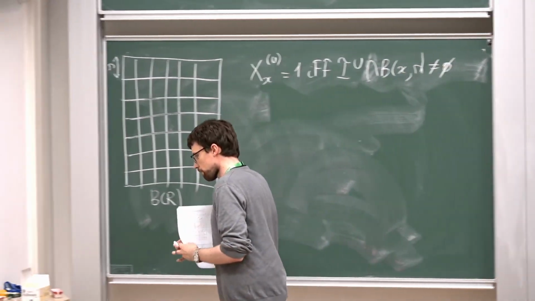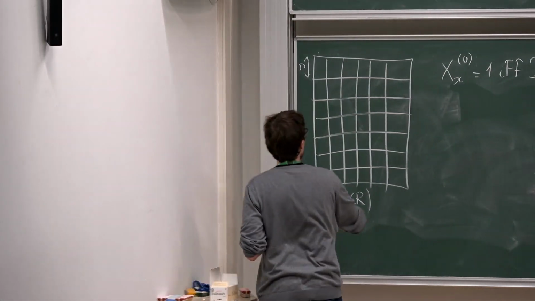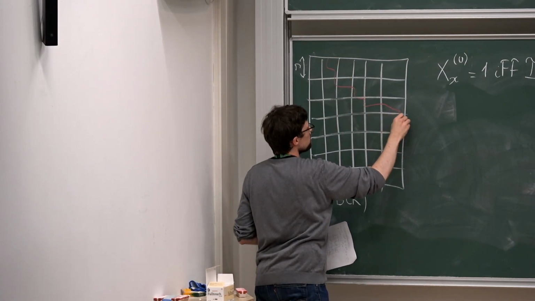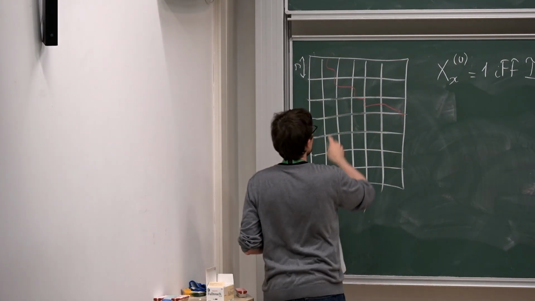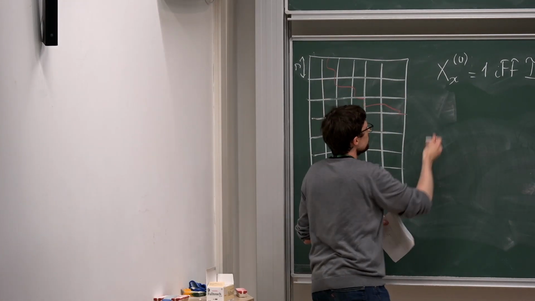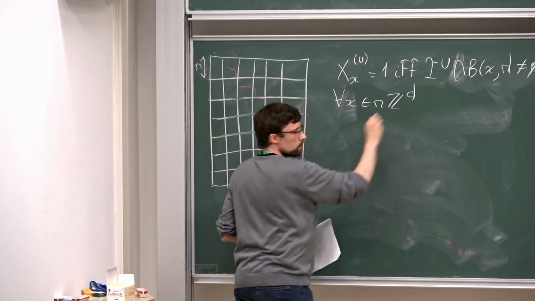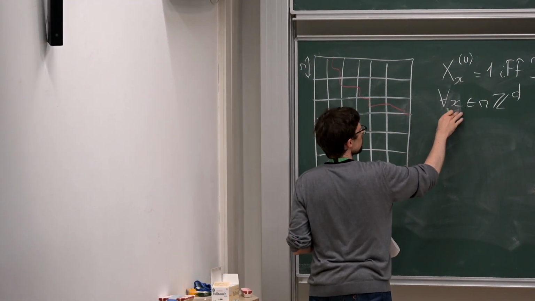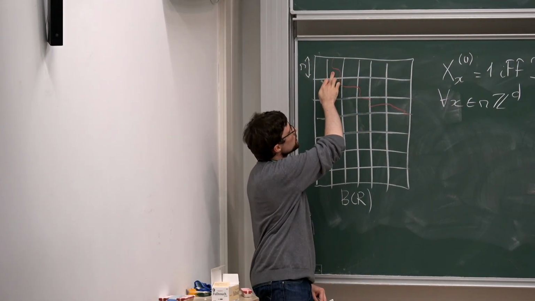What this means, if I do a drawing, is that if you have your interlacement trajectory here that maybe does something like that, then I say that this point x here, which will typically be a point on my renormalized lattice, is occupied, so that the ball here is visited by the interlacement.